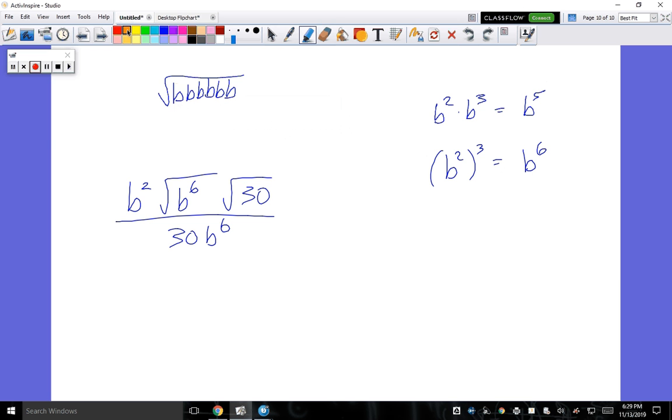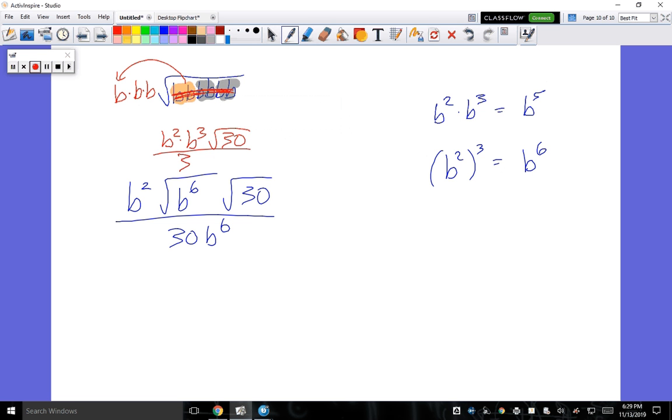And when they come out, this pair will come out as one of them. And then this pair will come out, and this pair will come out. So when they come out, they're gone here, and only one is left. And b cubed came out. So that's what this becomes, b cubed. This is b squared, and I have root 30.